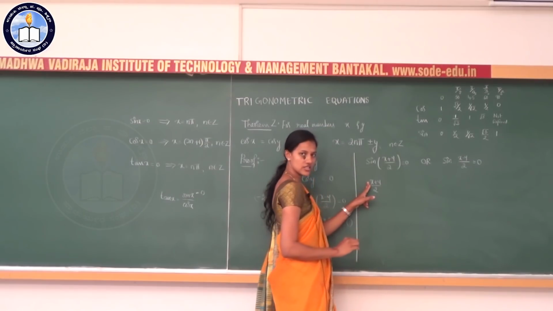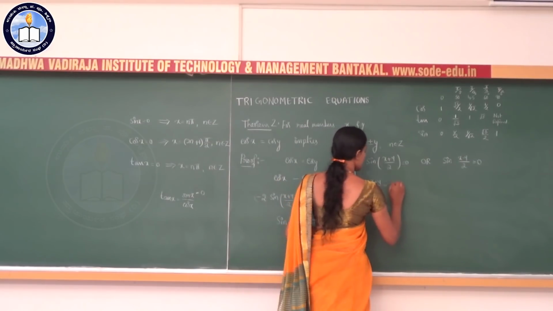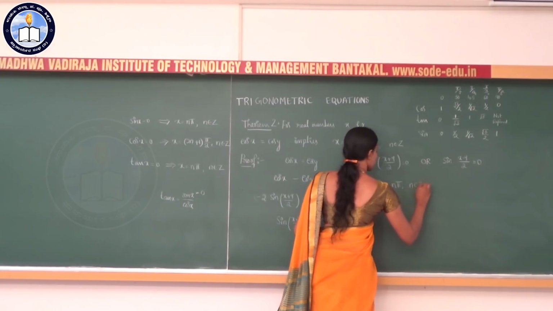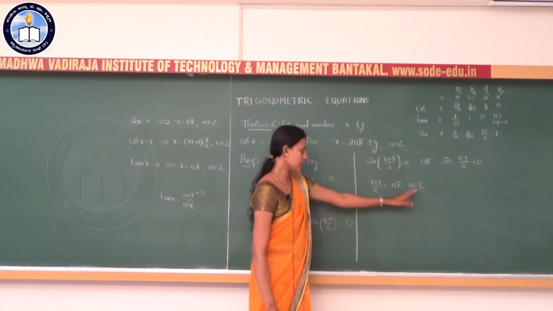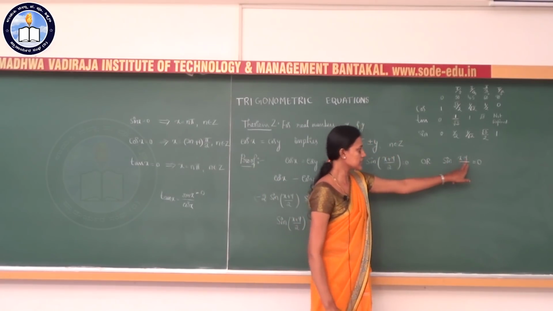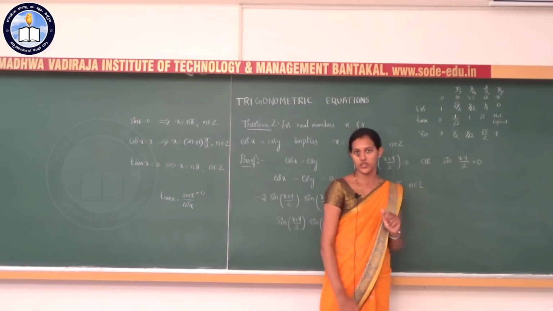So (x plus y) divided by 2 is an integral multiple of pi, that is n into pi, where n is an integer.